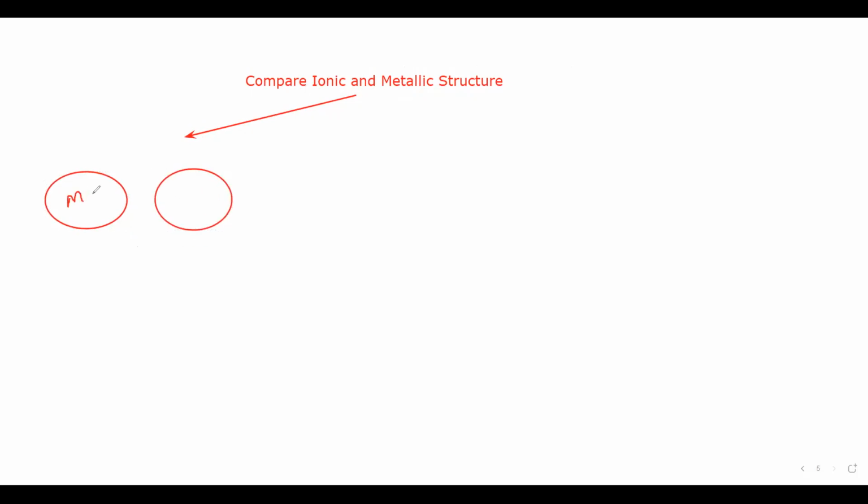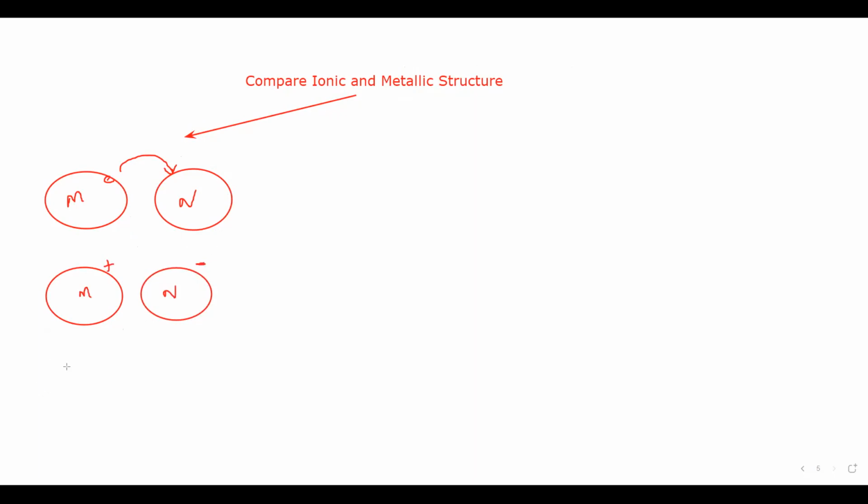Metal I'm representing by M and non-metal I'm representing by N. So metal will lose electron, non-metal will gain electron. When the metal loses electron, metal will get a positive charge, and non-metal will gain electron, it will get a negative charge.